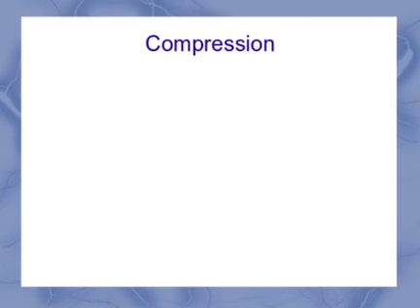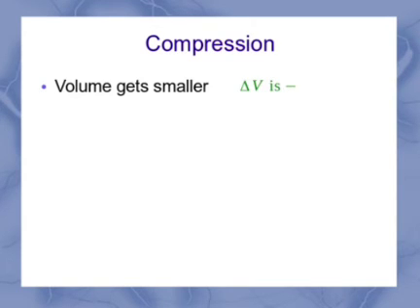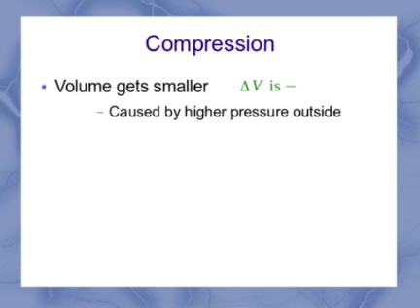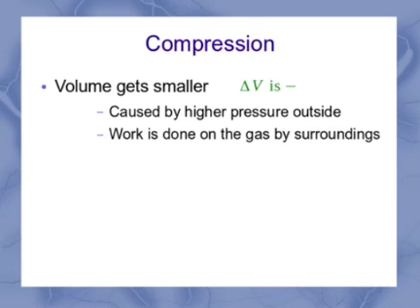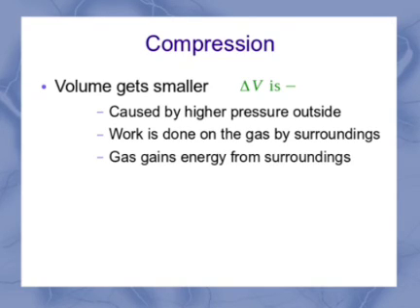Similarly, if I've got compression, it's sort of the opposite. My volume gets smaller. My delta V or dV is going to be negative. And this is generally caused by a higher pressure outside, or if something causes the inside pressure to become lower. And that means that work is done on the gas by the surroundings. And the gas gains energy from the surroundings because it's the surroundings that are doing the work.